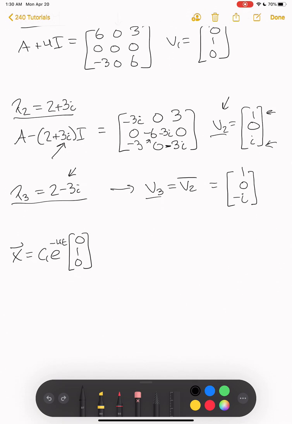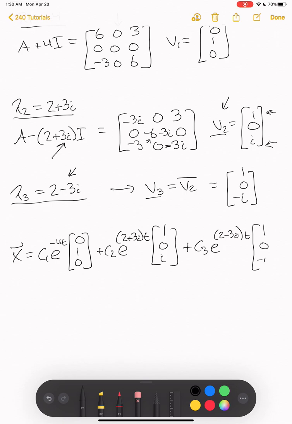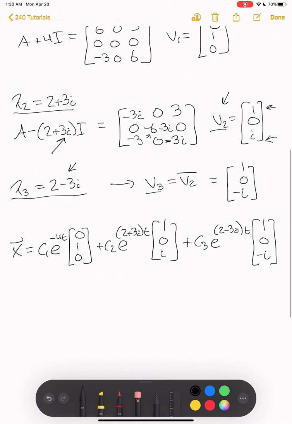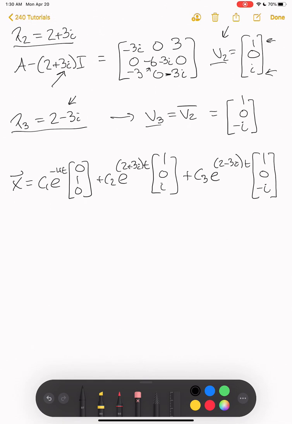Plus C2 e^((2+3i)t) times (1, 0, i), which was my second pair. And then plus C3 e^((2-3i)t) times (1, 0, -i). So those are all of my solutions, and this is technically correct. But the problem that we have here is we have these i's involved.